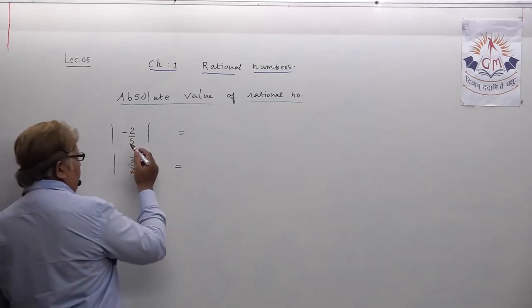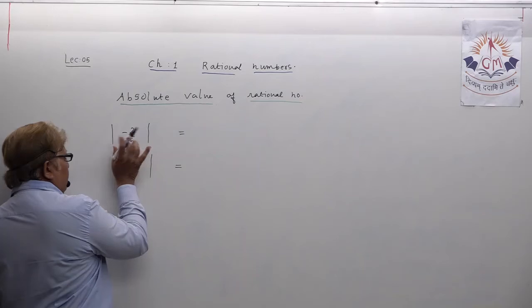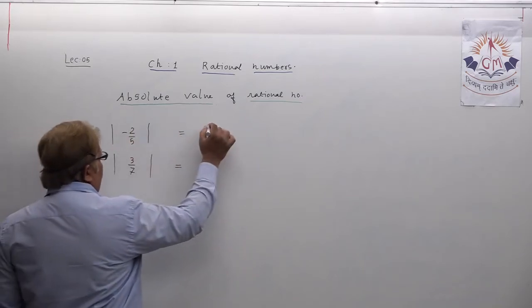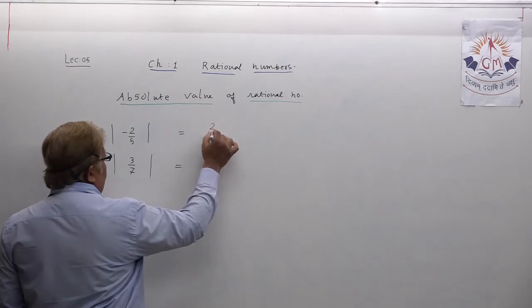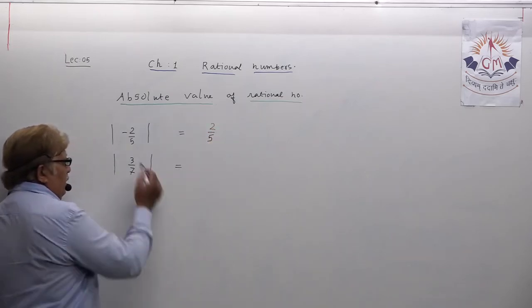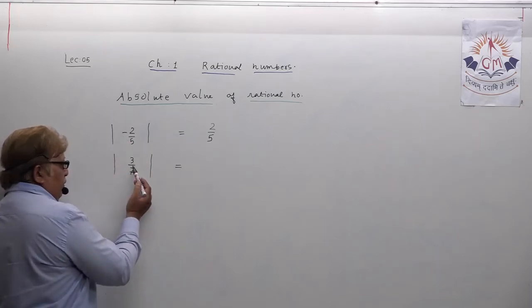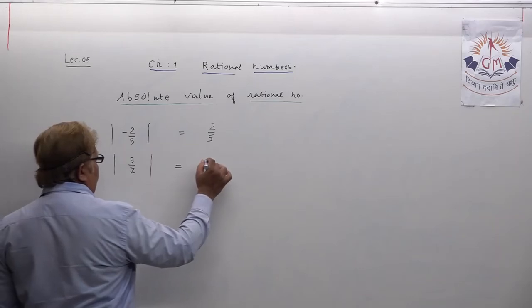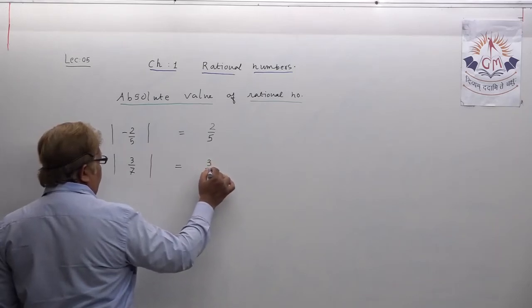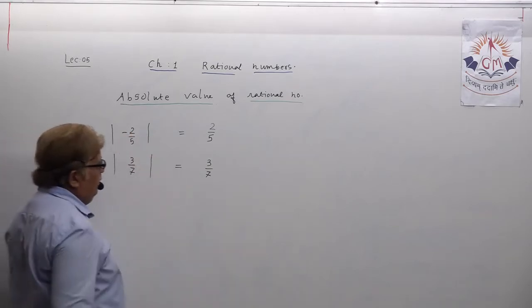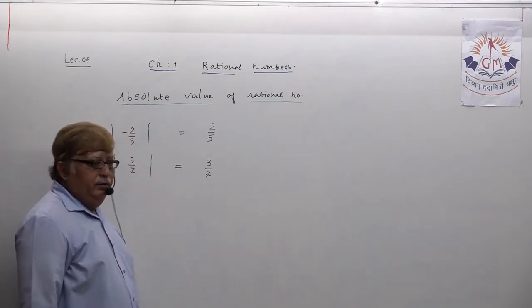Minus 2 upon 5. But when you find its absolute value, you have to simply write only 2 upon 5. Negative sign is avoided. Similarly, absolute value of 3 upon 7, what you will write? 3 upon 7. Sign does not matter.